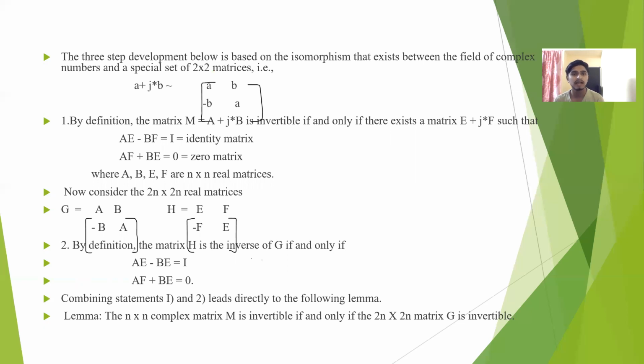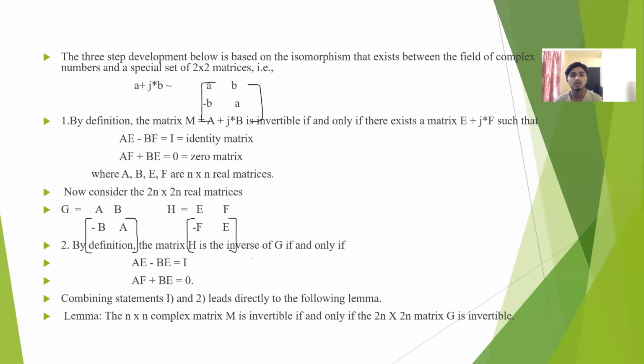By definition, the matrix M equal to A plus jB is invertible if and only if there exists a matrix E plus jF such that AE minus BF is equal to I, the identity matrix, and AF plus BE is equal to the zero matrix, where A, B, E, F are n-by-n real matrices.